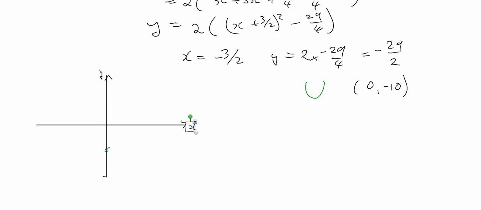And we also know it has, because it's a U shape, a minimum point at (minus 3 over 2, minus 29 over 2), well that's minus 14 and a half. So that would be down here, like that. And so the curve will look something like that.